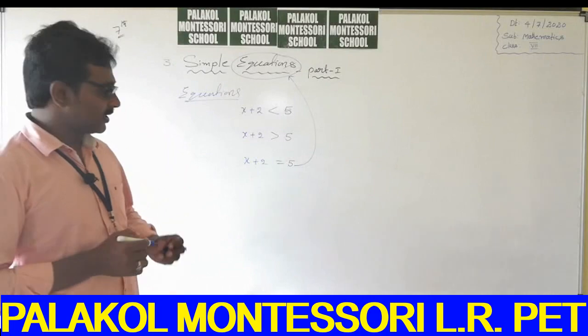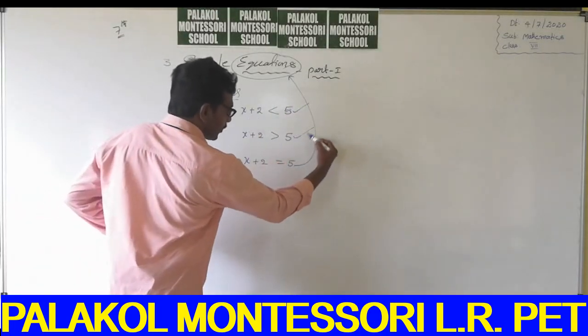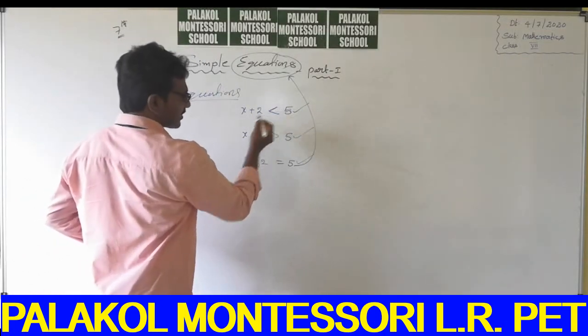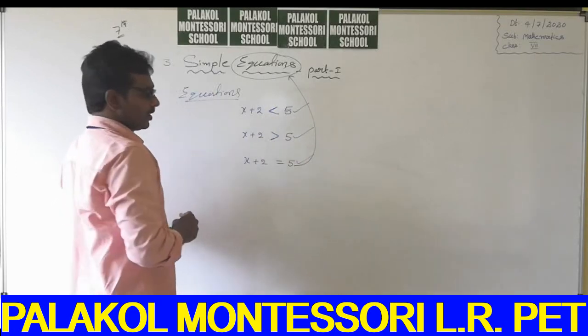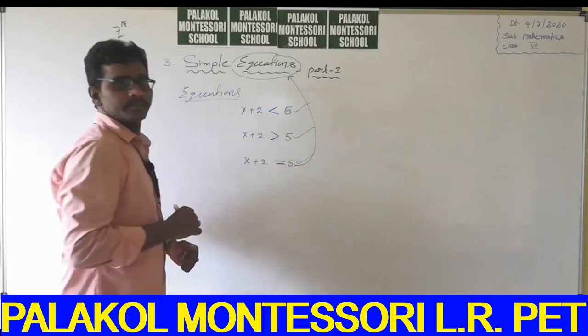Once again, remember guys, these are open sentences. The first open sentence uses the less than symbol, the second uses the greater than symbol, and the third uses the equal to sign.